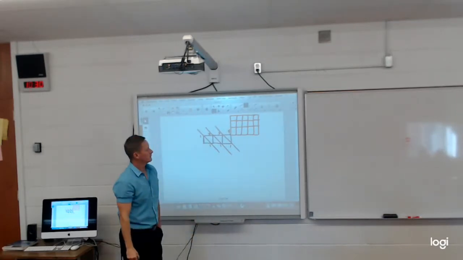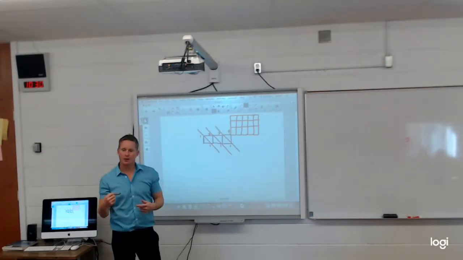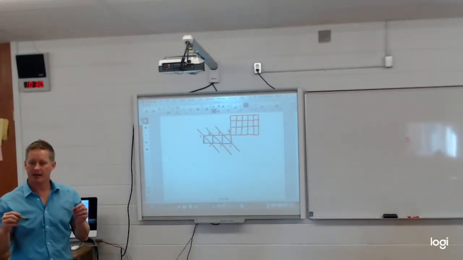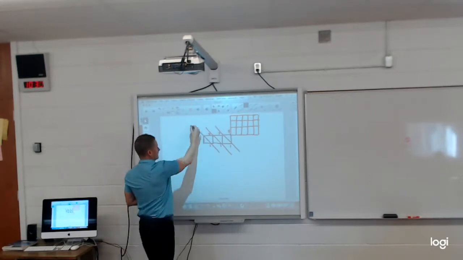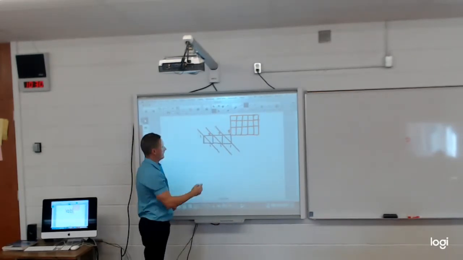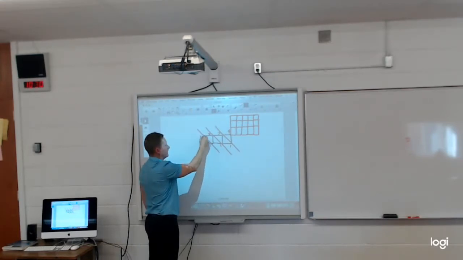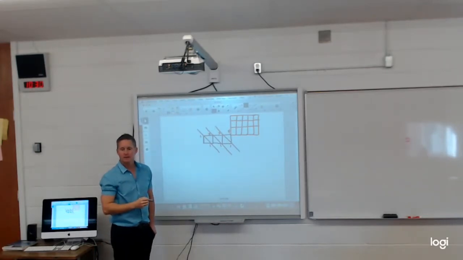Why did you put those lines in? These lines? Yeah. That's how I count. If I divide them in, then I can see how many roots to get to each of those vertices. Okay? So I draw them right to the diagonal. And then how many roots do I go from here to here? 1. And here to here is 1. And then to get this guy, I add those 2 together. Okay, so that's how I do it.